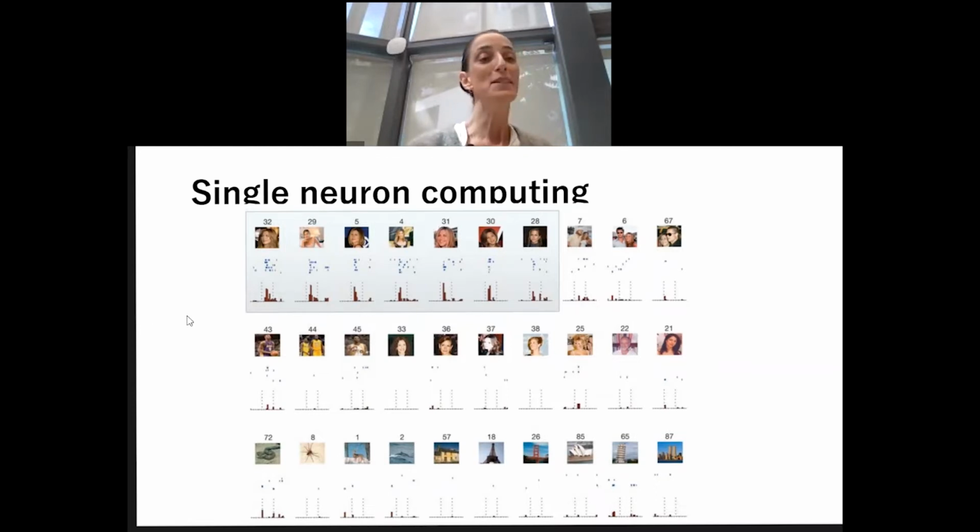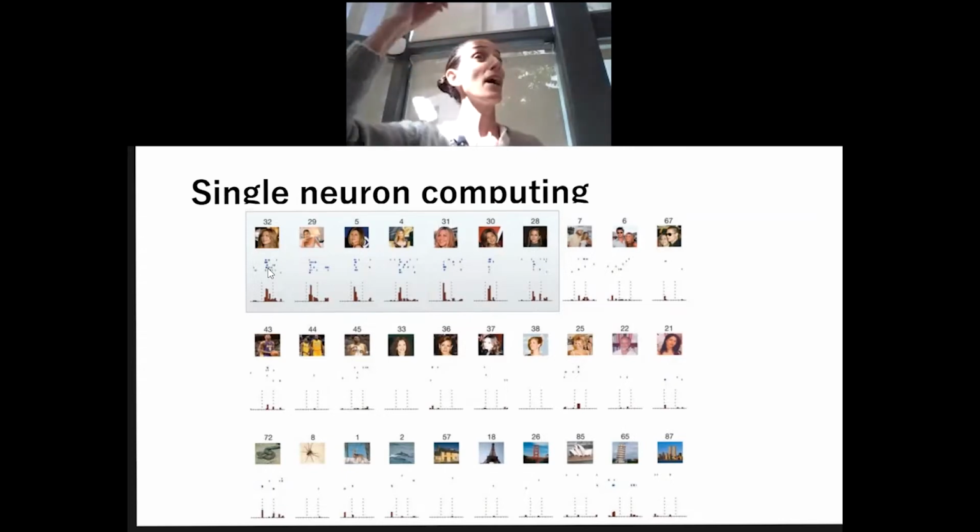Because scientists found a neuron, and this is the zeros and ones of this neuron, and this neuron was active only when it saw Jennifer Aniston's photos, okay? So you could see Jennifer Aniston here and here and here and here. It's very hard to see because they are small pictures, but you could see that over many trials, this neuron is firing, eliciting these electrical pulses.